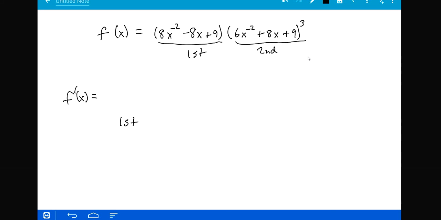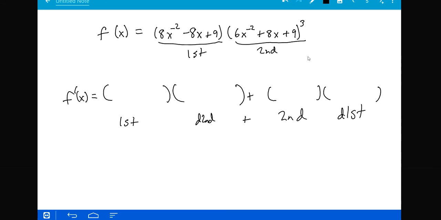First d second plus second d first. Okay, and let's go through and fill in. So first is 8x to the negative 2 minus 8x plus 9.